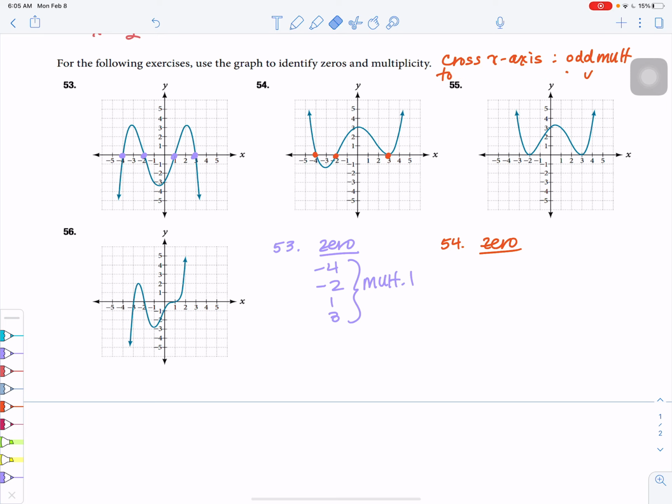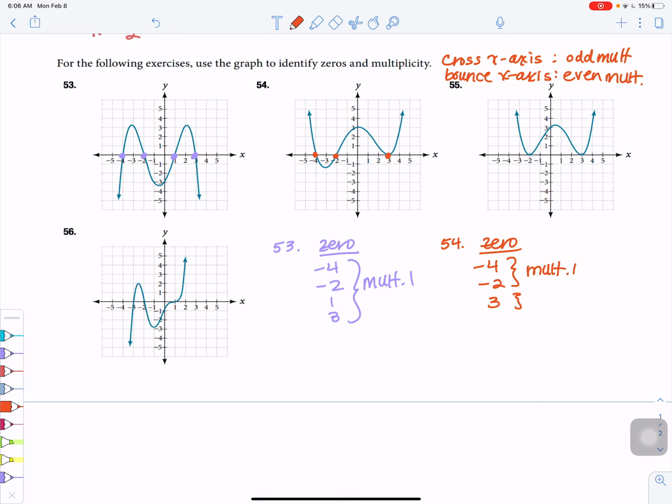You may hear me say touch and move away, but bounce at the x-axis, we have an even multiplicity. Okay, so this is number 54. So we have -4, -2, and 3. These have multiplicity 1, and 3 has multiplicity 2.